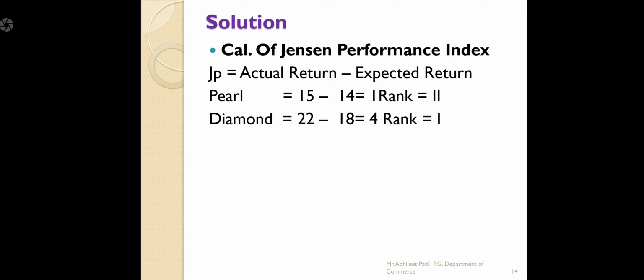And for Jensen's, actual return minus expected rate of return. In the given problem the actual return is given, and you should determine the expected rate of return based on CAPM. Once we get the expected returns, find your Jensen's, that is actual minus expected, and give the rank as per the performance. These are the questions that are going to be asked in the question papers of the subject Security Analysis and Portfolio Management.